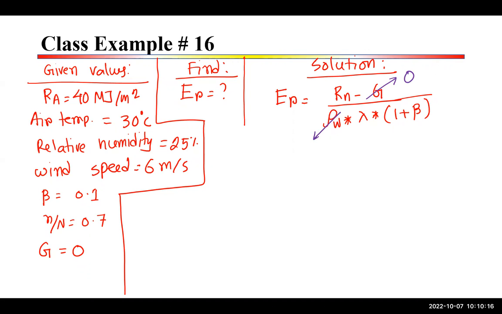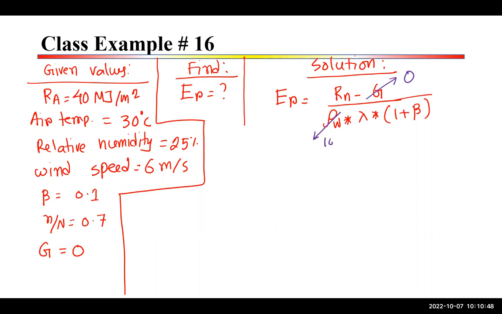Density of water. You can check the density of water at the air temperature, but water is an incompressible fluid, so the temperature will not affect it that much unless there is a huge difference. Now 30 degrees centigrade is a little bit higher than our regular temperature here. So you can check the table or directly use 1000 kg per meter cubed.